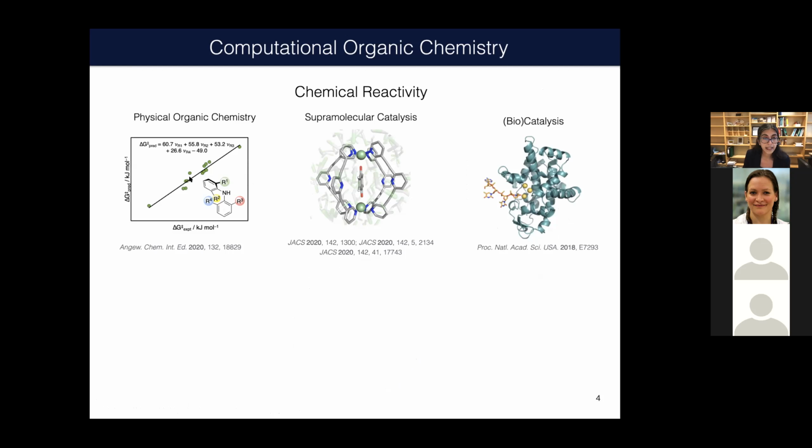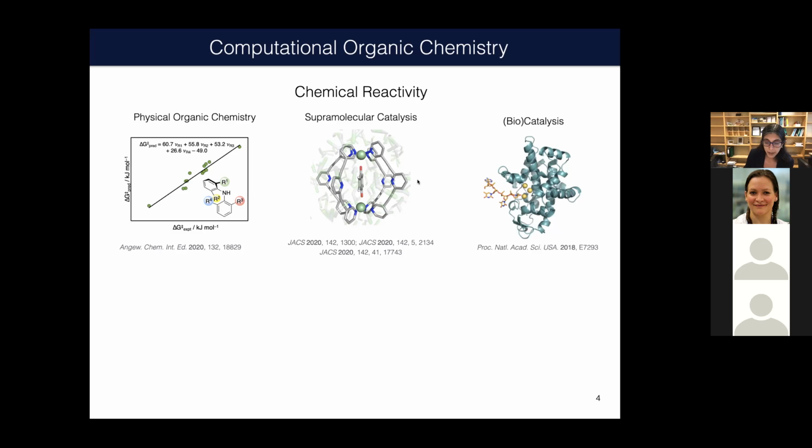For example, in the atropisomer system that we're looking at here, we're able to develop a simple model based on a steric representation to make predictions about the activation energy of isomerization. We have also been able to develop methodologies to make predictions related to supramolecular catalysis and later to study metalloenzymes.